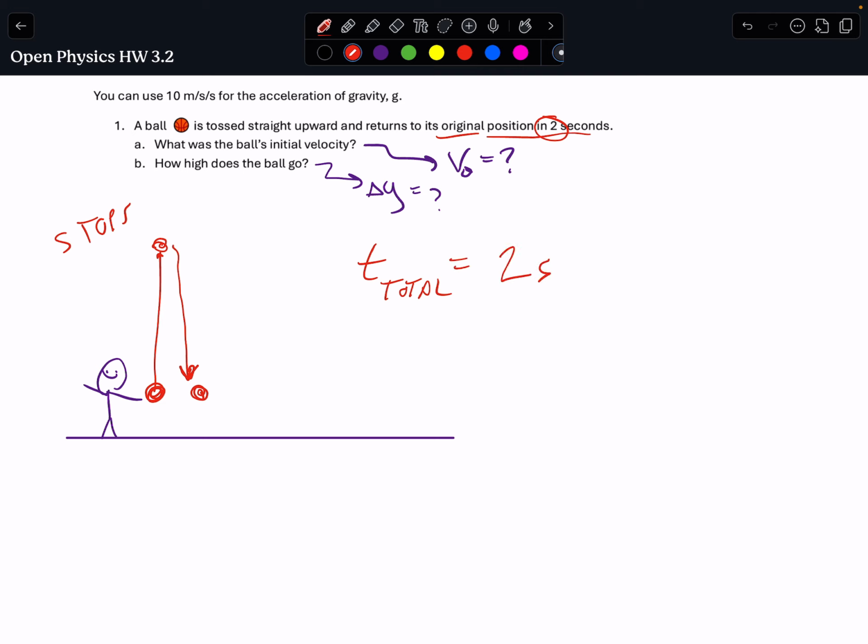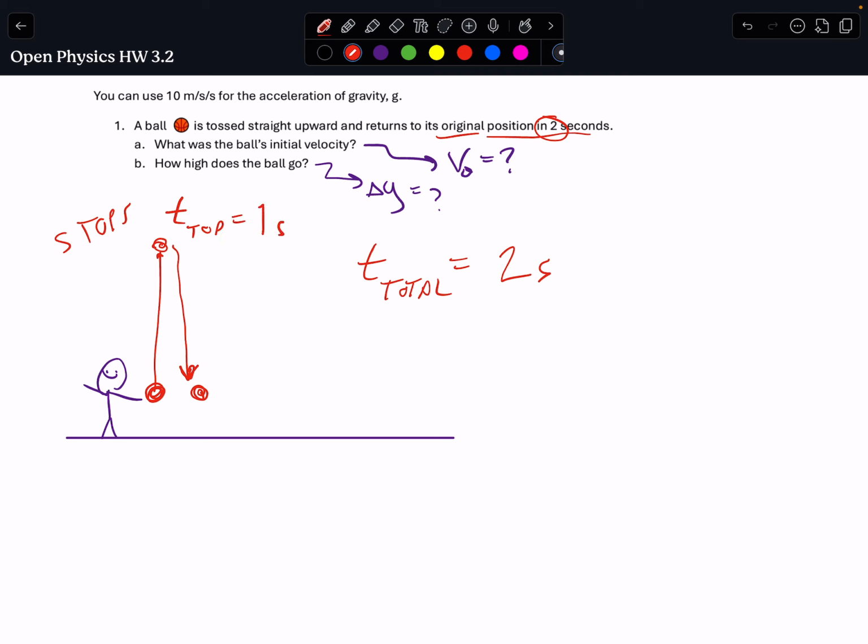As I've said before, for motion like this, where an object is tossed up and then comes back down to the same horizontal position, these problems are symmetric. However long it takes going up, it takes the same time coming back down. So the time to get up to the very top is 1 second.